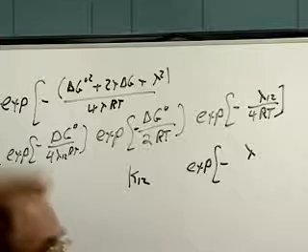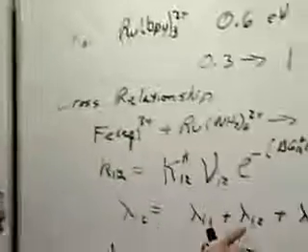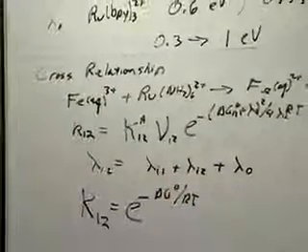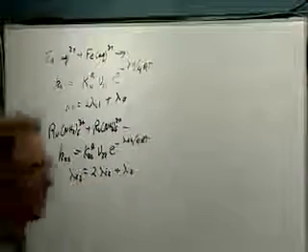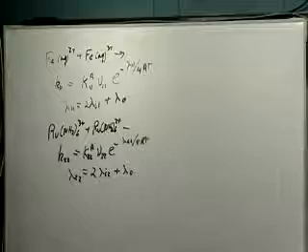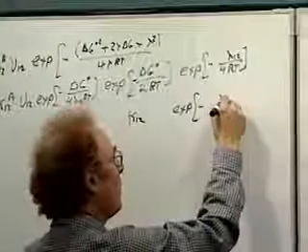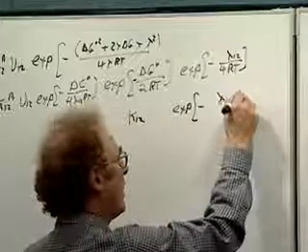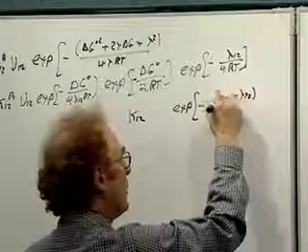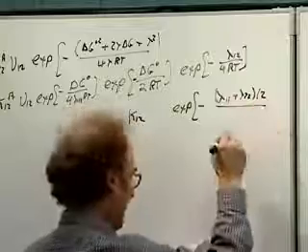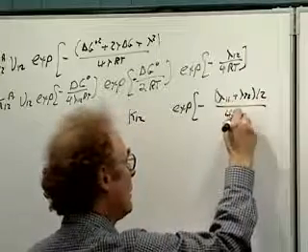Well, what is it? This term has lambda 1 plus lambda 2 plus lambda 0, and this term has 2 lambda 1 plus lambda 0 and 2 lambda 2. So I can just average those two. So it will be minus lambda 1, 1 plus lambda 2, 2 divided by 2 over 4 RT.